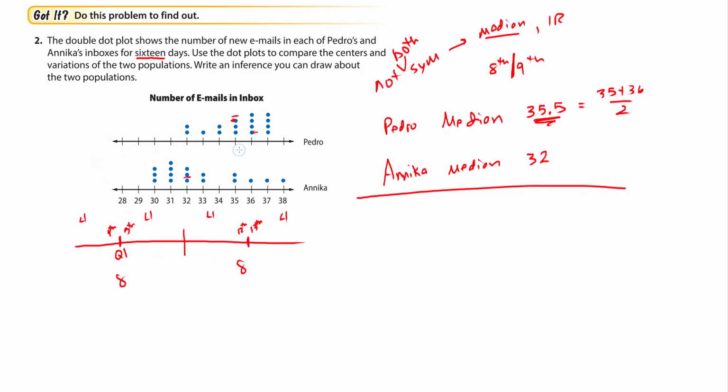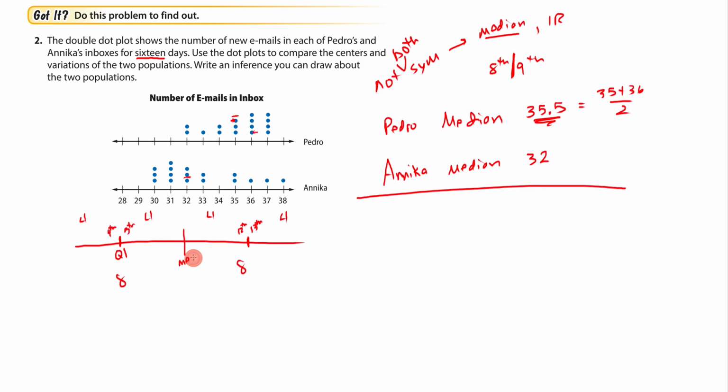I could actually list them all out. I could do 30, 32, 32, 33, 34, 34, 35, 35. I could do that, but I'm going to use this idea that if there's 16 numbers, the quartiles are chopping the data up into 4 groups of 4. So Q1 is between the 4th and the 5th number.